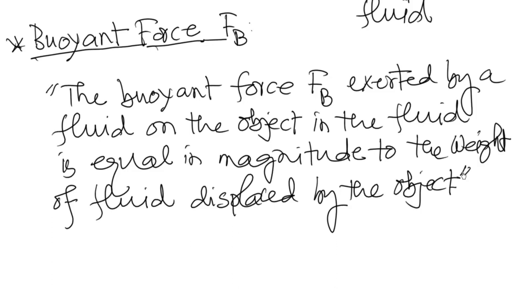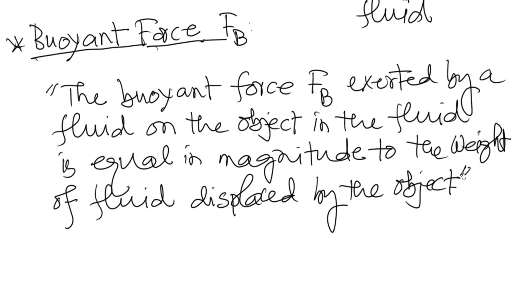Any object totally or partially immersed in a fluid or liquid is buoyed up by a force equal to the weight of the fluid displaced by the object. Archimedes' principle allows the buoyancy of any floating object partially or fully immersed in a fluid to be calculated. The downward force on the object is simply its weight.